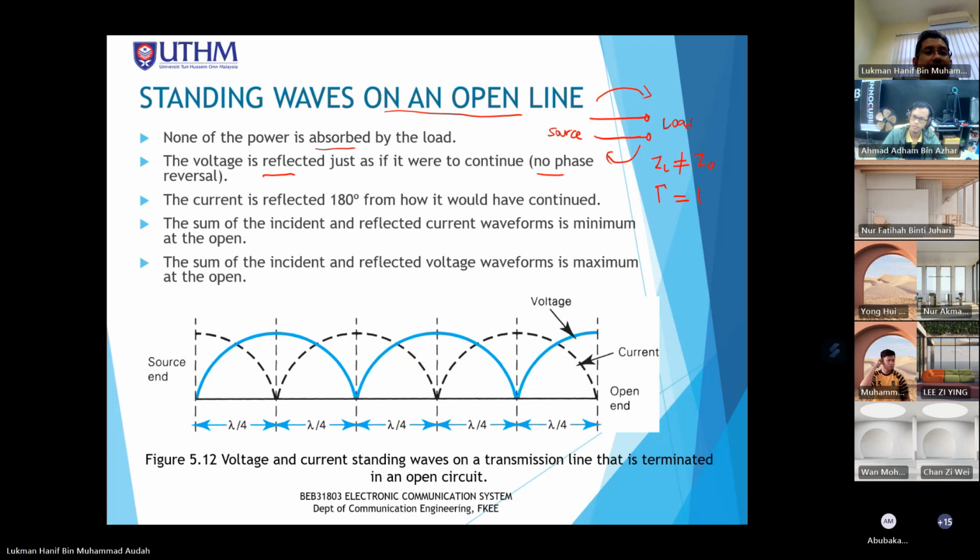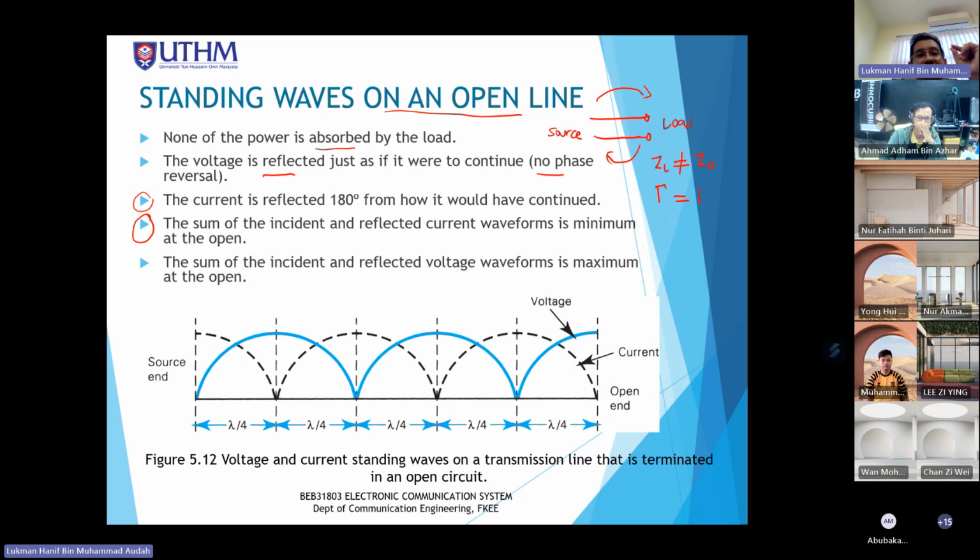For current, there will also be total reflection. However, for the current, there's going to be a 180-degree phase difference between the incident and the reflected current. And remember the sum of two waves, incident and reflected.